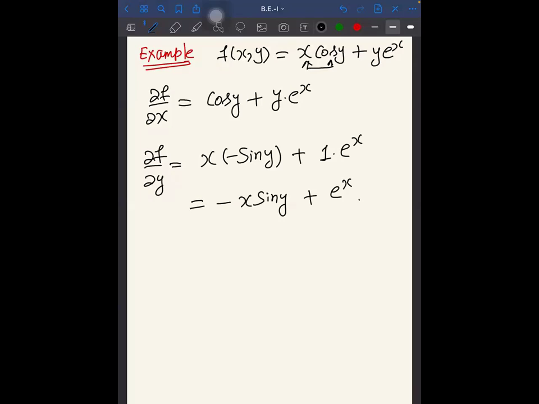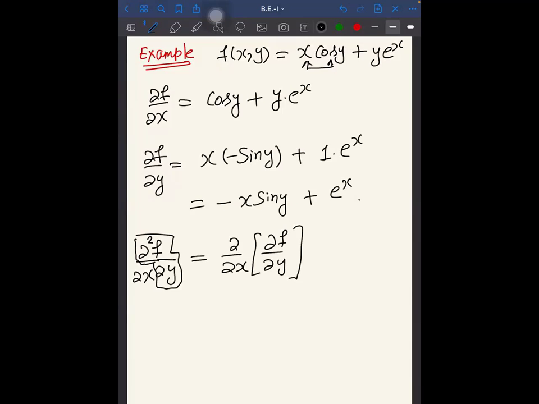Now, suppose we want to find curly square f upon curly x curly y. So you take y first and then differentiate with respect to x. That means curly upon curly x of curly f upon curly y. What is curly f upon curly y? We have already calculated this expression.